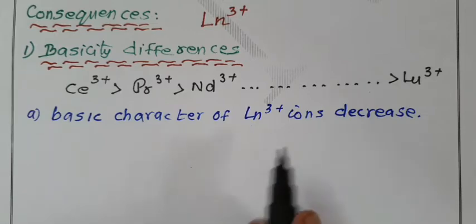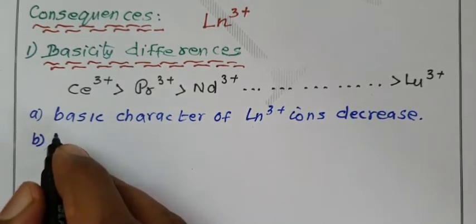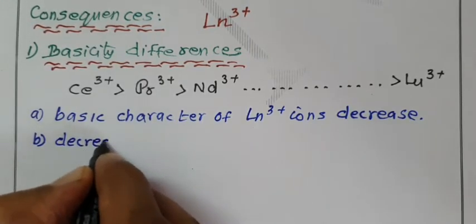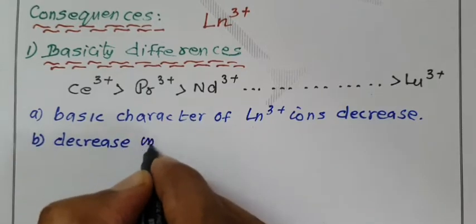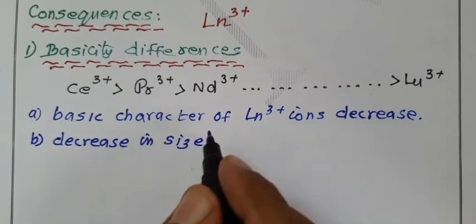Basic character decreases, and in the basicity difference heading, due to the decrease in size, when you move from left to right, the ionic size goes on decreasing.